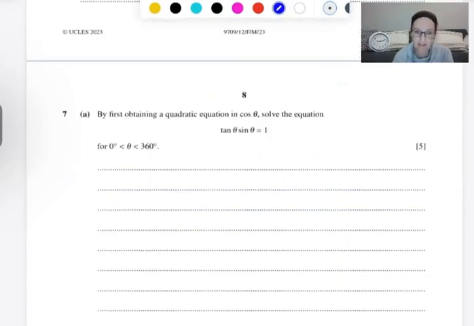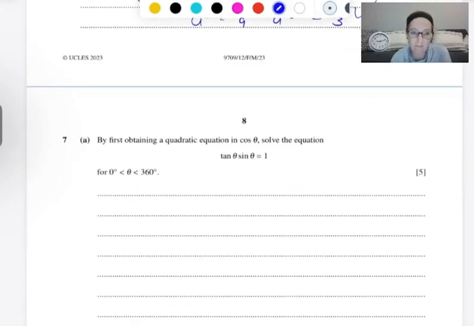Right, let's keep going. By first obtaining a quadratic equation in cos, solve the equation. Okay, so we're aiming for a quadratic in cos: cos squared something plus cos plus a constant. So I've got tan theta sine theta is equal to 1. I've only got my identities to work with.